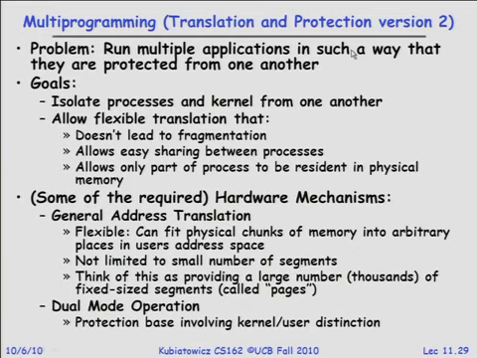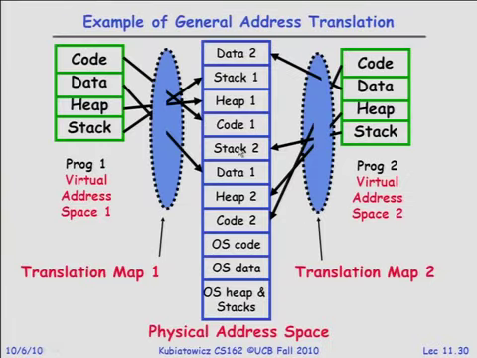Okay, now I didn't really push at this too hard. And this diagram, if you looked at it too closely, you'd see some holes in it. For one thing, the way I'm implying here is that each thing, code, data, heap, stack, are all translated en masse independently. And of course, we don't want that because now we get the fragmentation and DRAM problem.